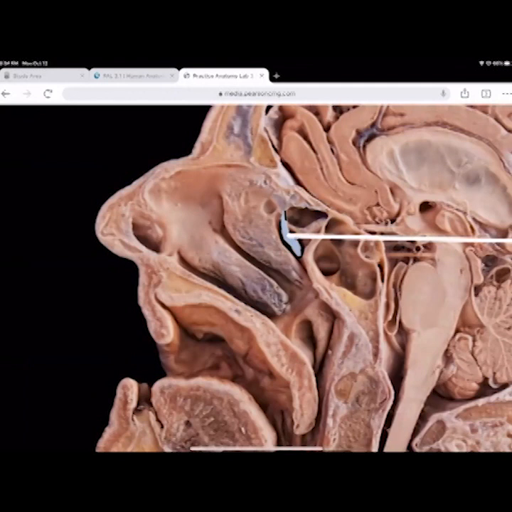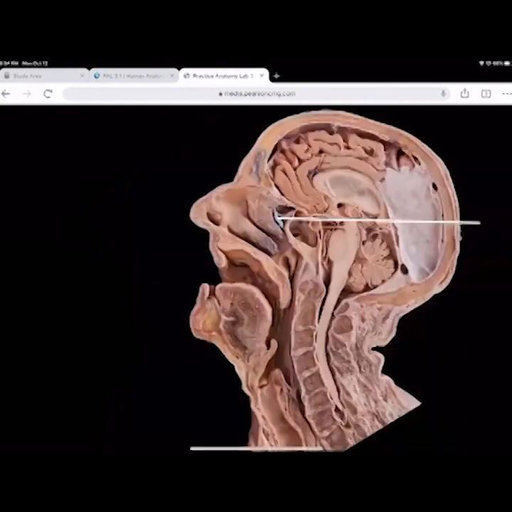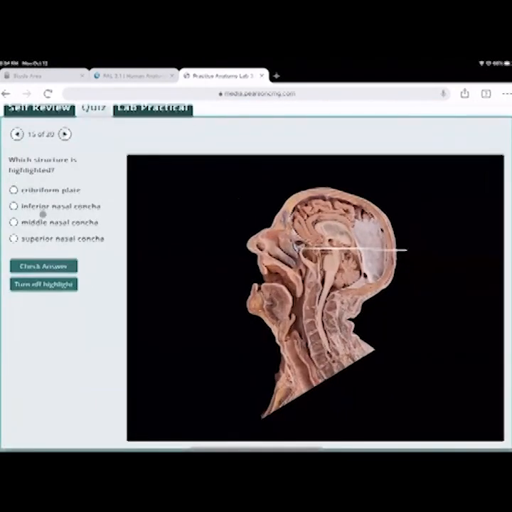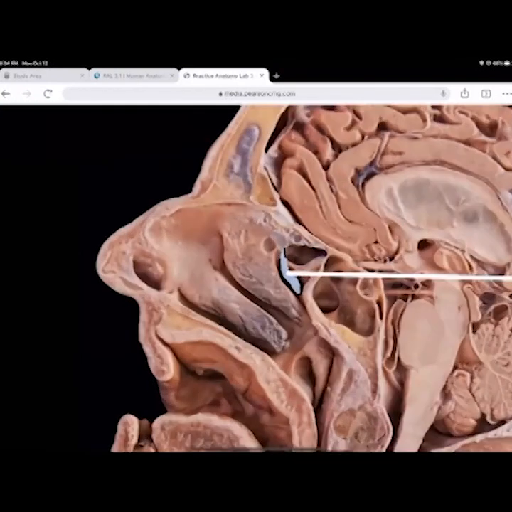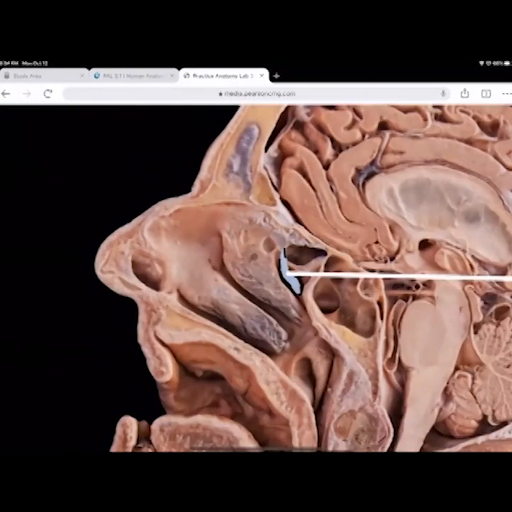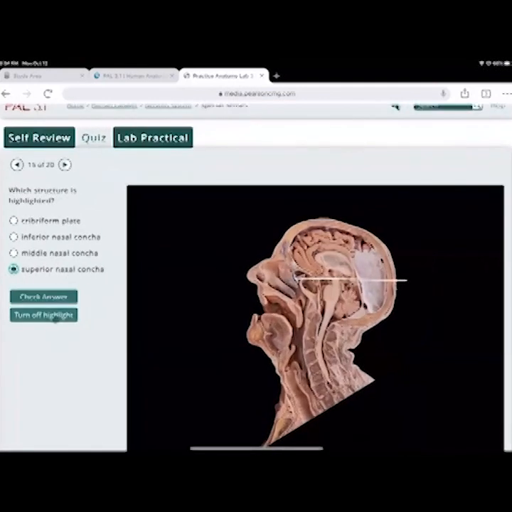This is the inferior nasal concha, the middle nasal concha, and this is the superior nasal concha, because this is the inferior, the middle, the cribriform plate's right here, where it feeds through up here. Here's the nerve of the bulb, and here's where the cribriform plate is. So I would say that'd be the superior nasal concha. Yep.